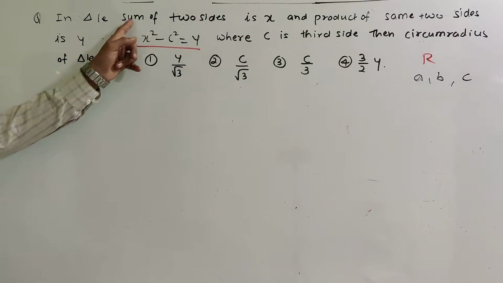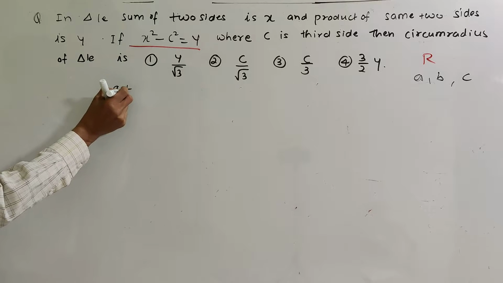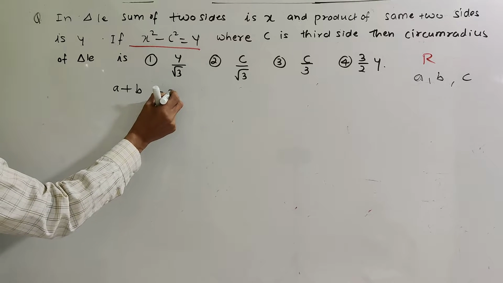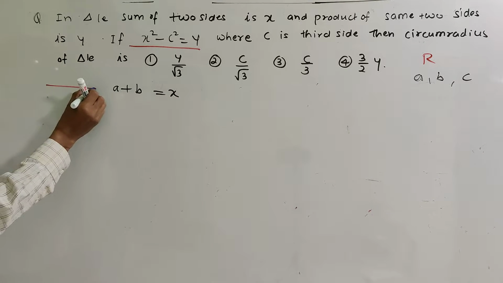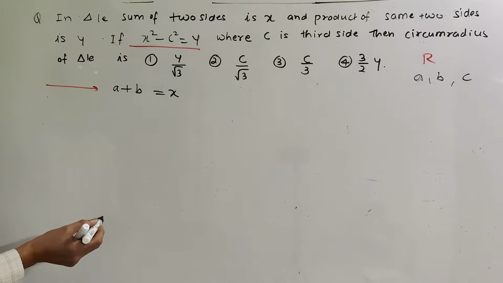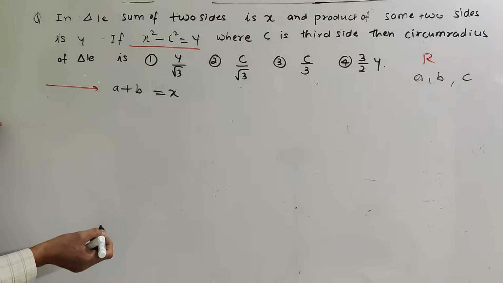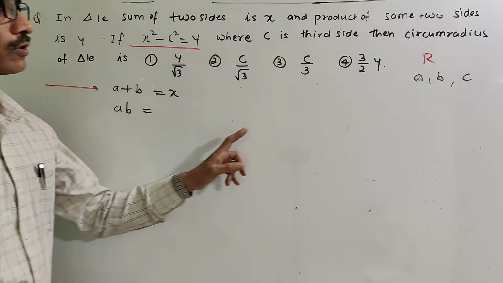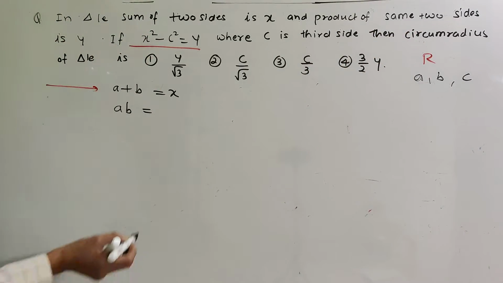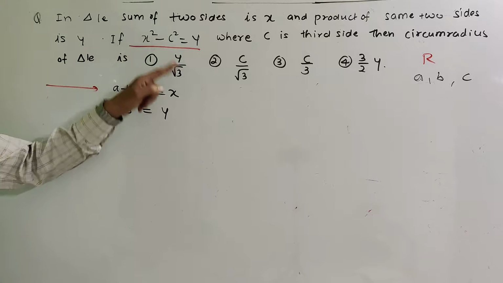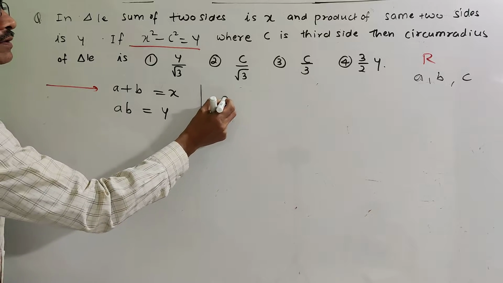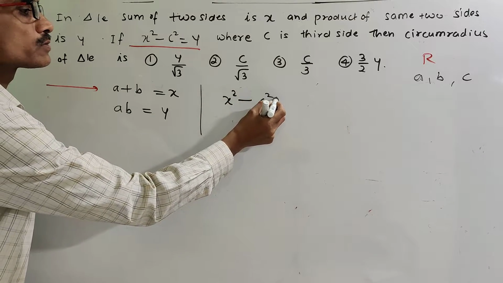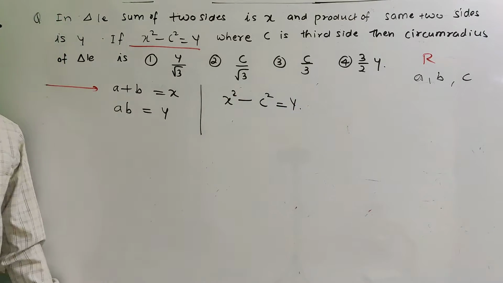So the sum of two sides is x, that is a + b = x, and the product of the same two sides is y, so ab = y. The relation is x² - c² = y.